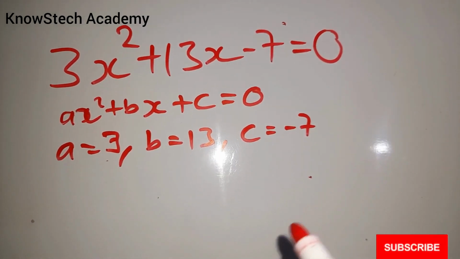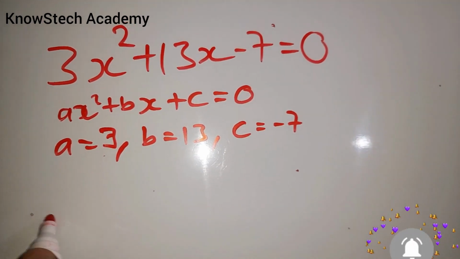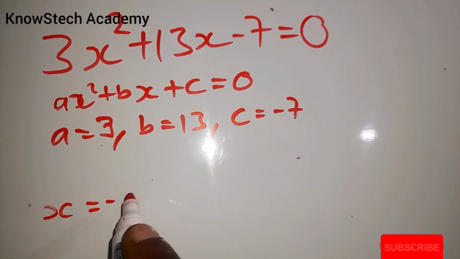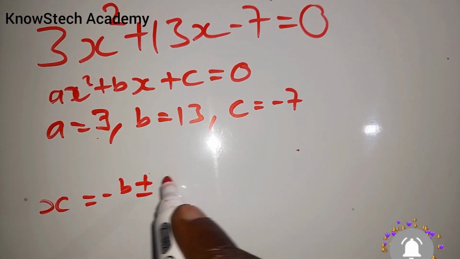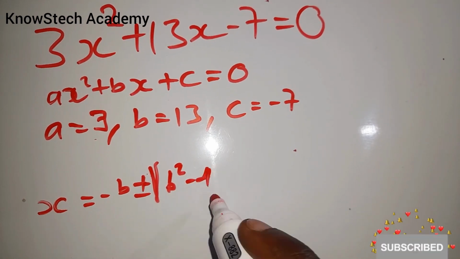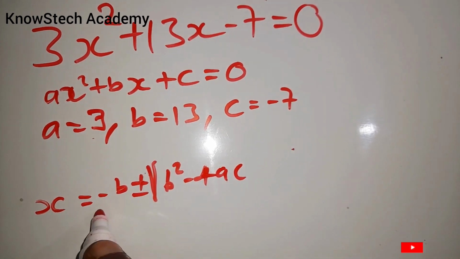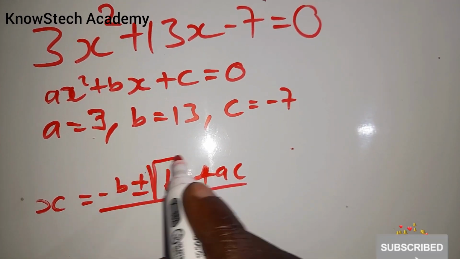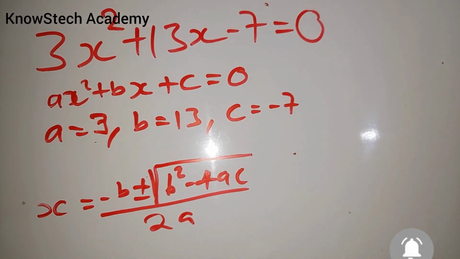So the formula for solving the quadratic equation is x is equal to negative b plus or minus the square root of b squared minus 4ac, over 2a.